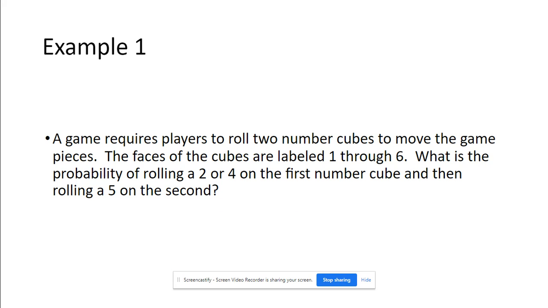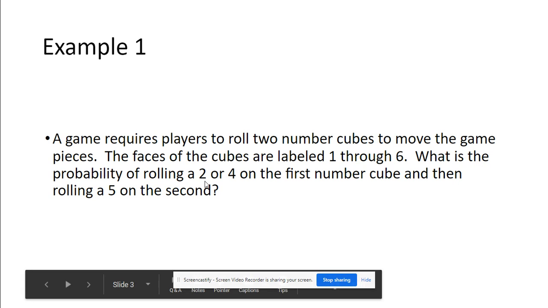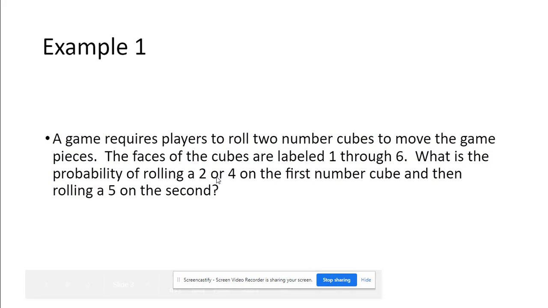This is where we're talking about an independent event. A game requires players to roll 2 number cubes to move the game pieces. The faces of the cubes are labeled 1 through 6. What is the probability of rolling a 2 or a 4? We notice here that we have 2 numbers that we're trying to get. Just think about a die. It has a 2 on one side and a 4 on one side.